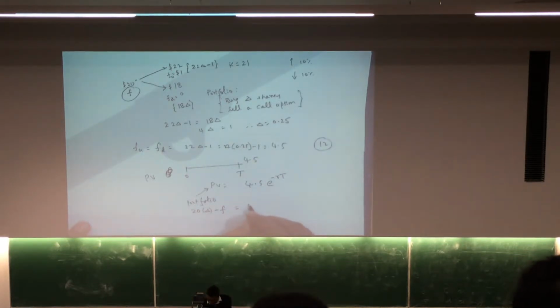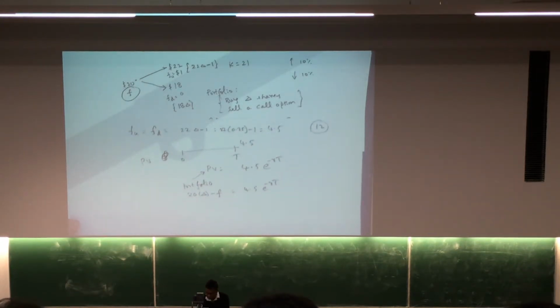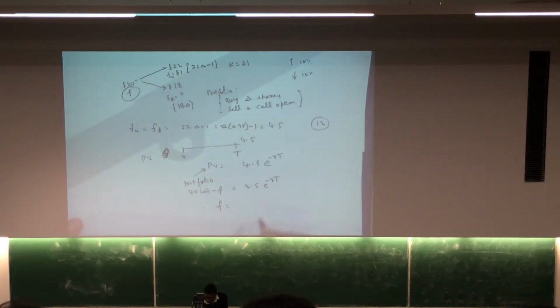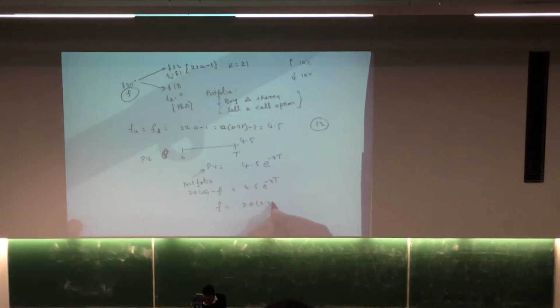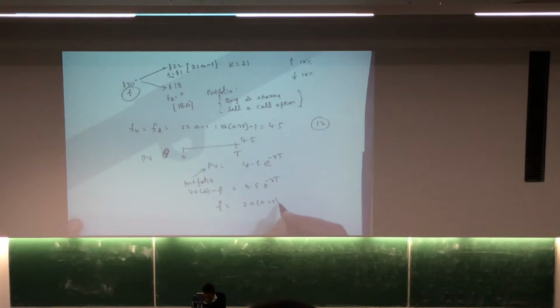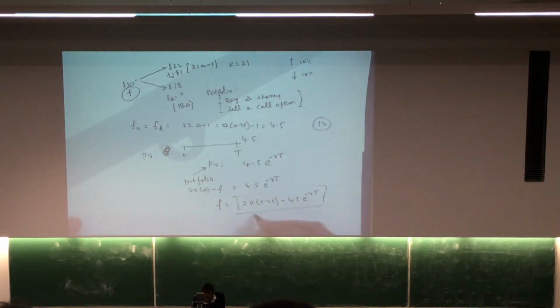This must be equivalent to 4.5 times e power minus RT. Therefore, F is going to be 20 times delta, the value is known as 0.25, minus 4.5 e power minus RT. This is the price of the option.